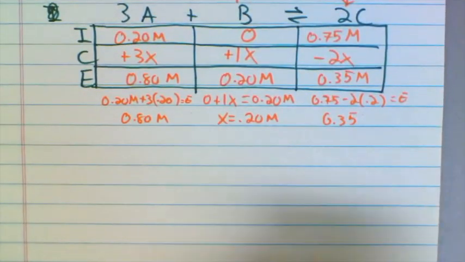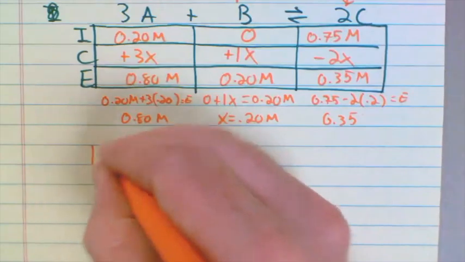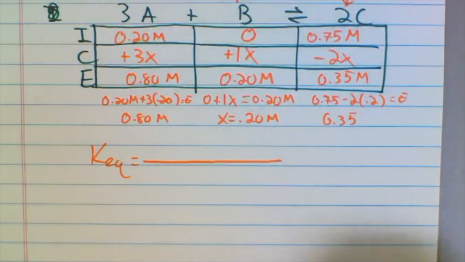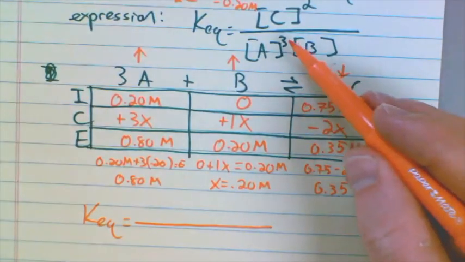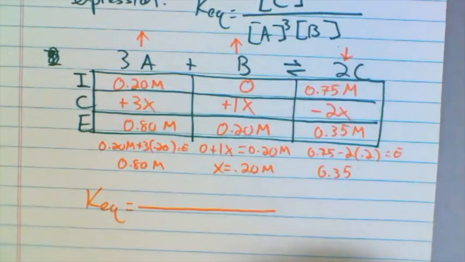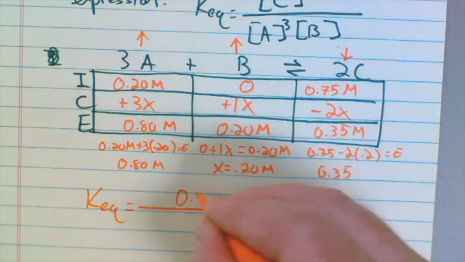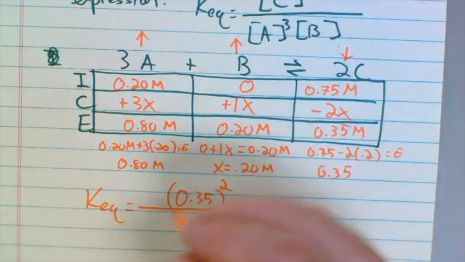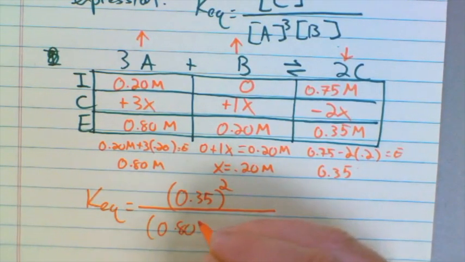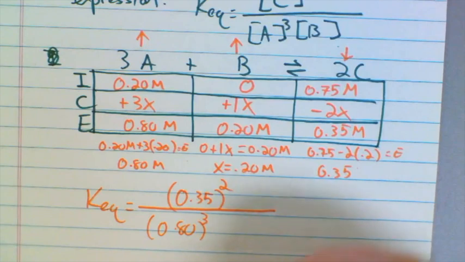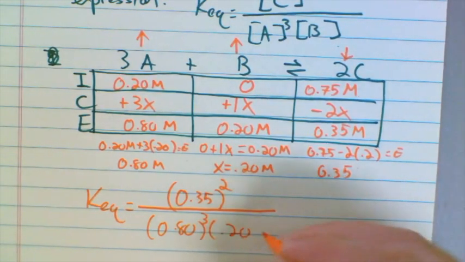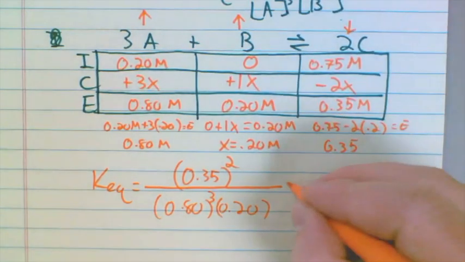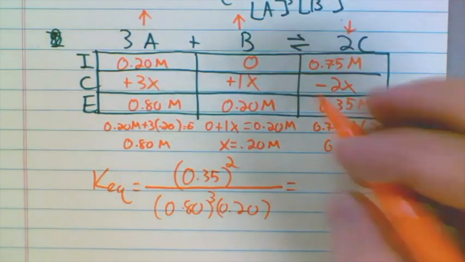And the last thing we have to do, now that we've got all of our equilibrium concentrations, is plug our numbers into the equilibrium expression that we wrote above. So 0.35 squared over 0.8 cubed times 0.20. I'm being bad and I put my units in here.